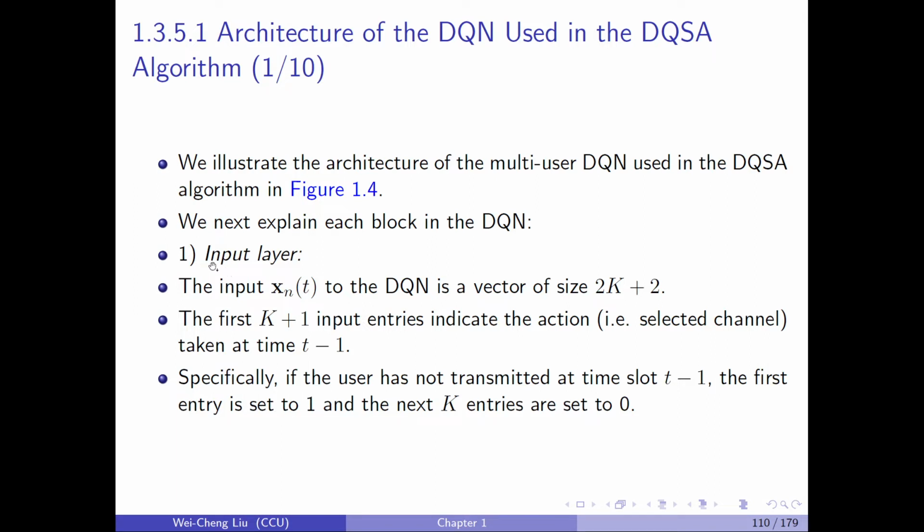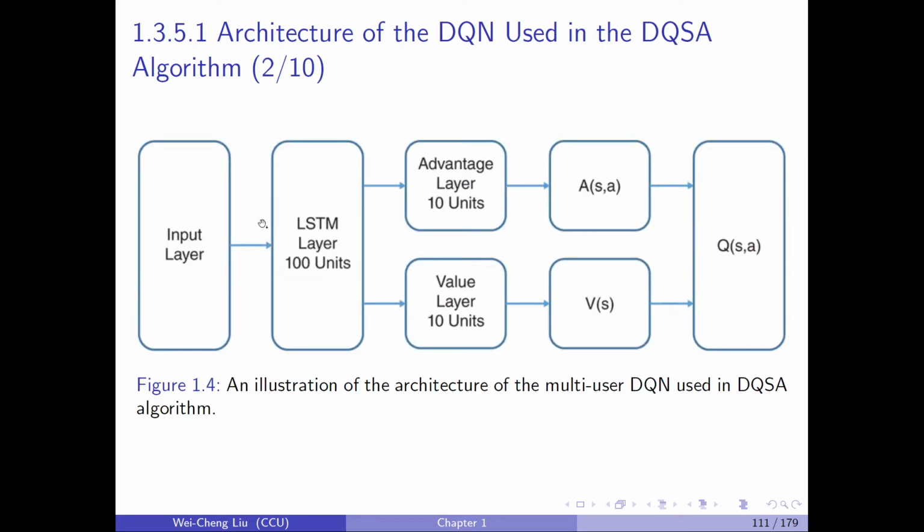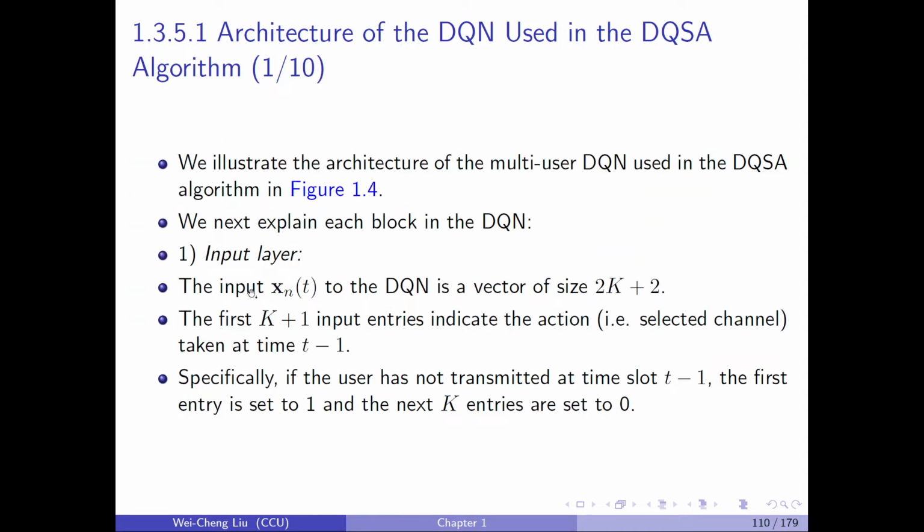First, the input layer. The input xn of t to the DQN is a vector of size 2K plus 2. The first K plus 1 input entries indicate the action, that is, the selected channel taken at time t minus 1.